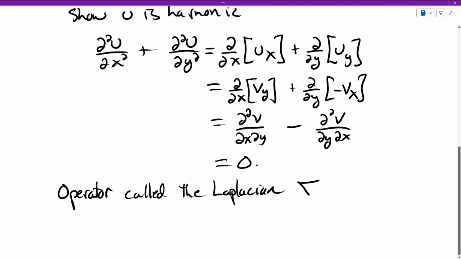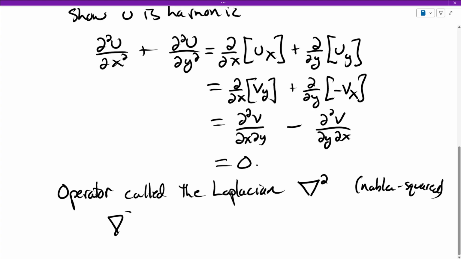This operator is denoted in a couple of ways. One of the ways is with an upside down triangle squared, and oddly enough, the other way is with the triangle the other way around. But we're going to use the book's notation. This is called the nabla symbol, so we say nabla squared.